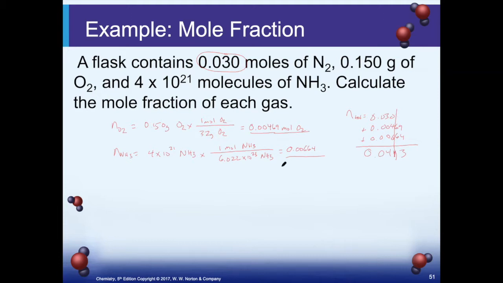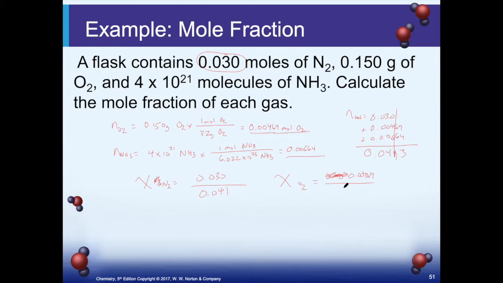Okay, so then to calculate the mole fraction of each of these, to calculate the mole fraction of N2, I'm just going to go 0.03 and divide that by the total number of moles, which is 0.041. Oops, that's the wrong symbol. So that's the mole fraction. Then the mole fraction of O2 would be 0.00469 divided by the total 0.041, because this one I can just use the number as it's given.